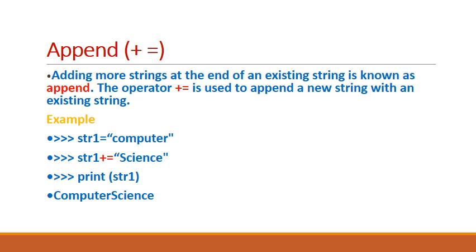In the given example, we assigned the string computer to the str1 variable, and in the next line we are joining the string science to the variable str1 using the plus equal to operator. If we print str1, we will get the output as computer science. That is, the new string science is added to the existing string computer using the append operator.